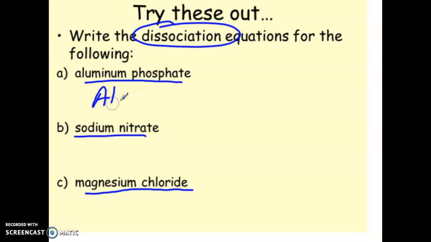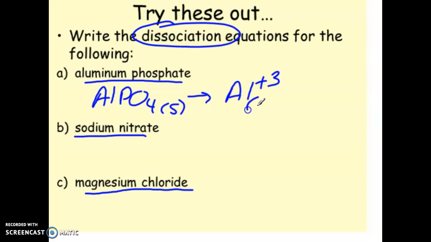So aluminum phosphate should be AlPO4. So remember that charge balances. We have +3, -3. So we have aluminum ions and phosphate ions as a result. Okay, it's already balanced.